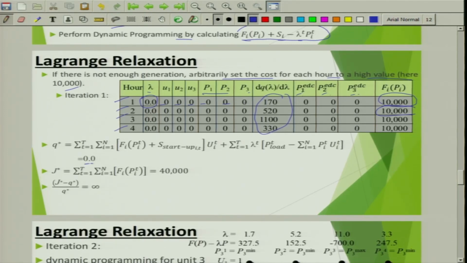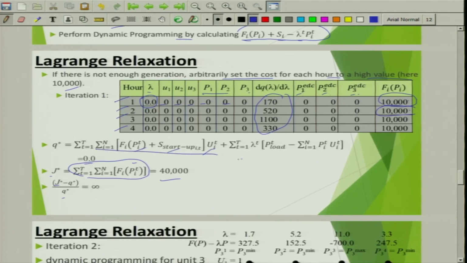Now what is q star? Because you need to find J star minus q star by q star. Now J star is the summation of all the fuel costs. 10,000 plus 10,000 plus 10,000 plus 10,000 is 40,000. Obtain q star: put the values of P1, P2, P3, which are 0, and the startup cost is also considered 0, and this is also 0.